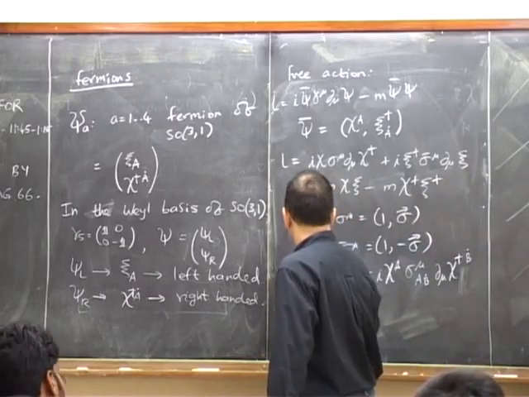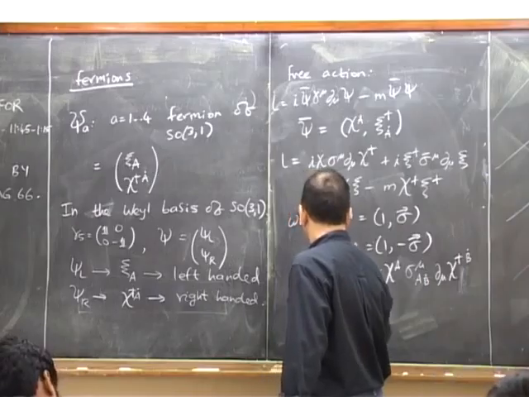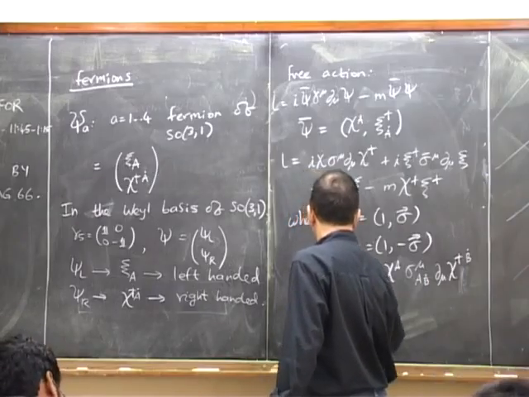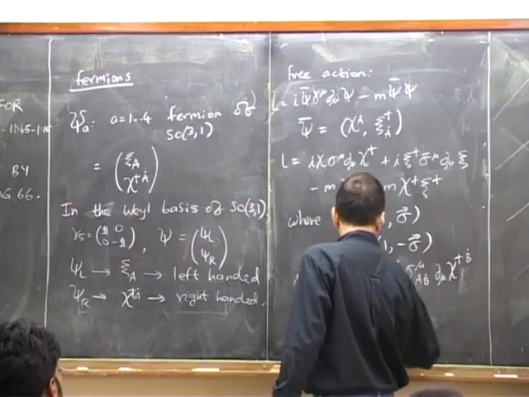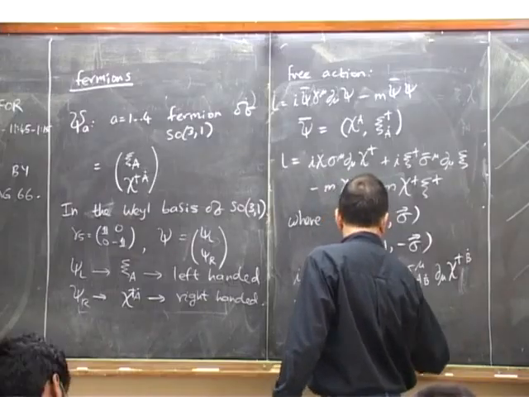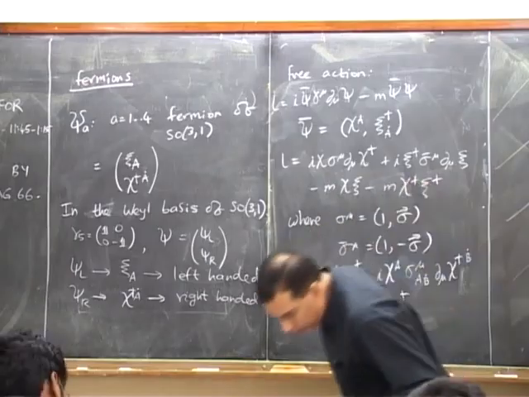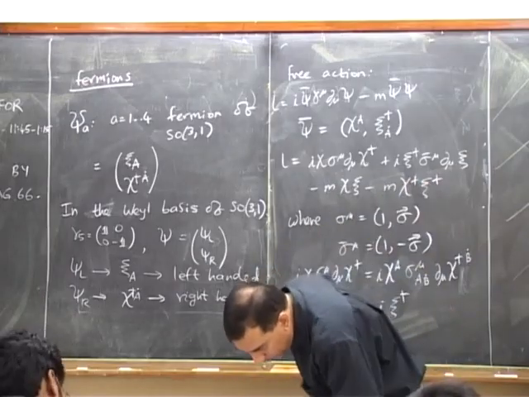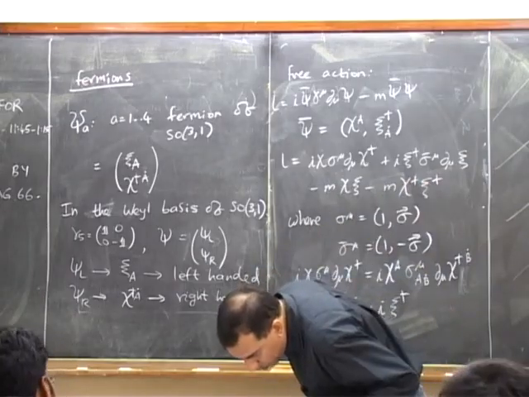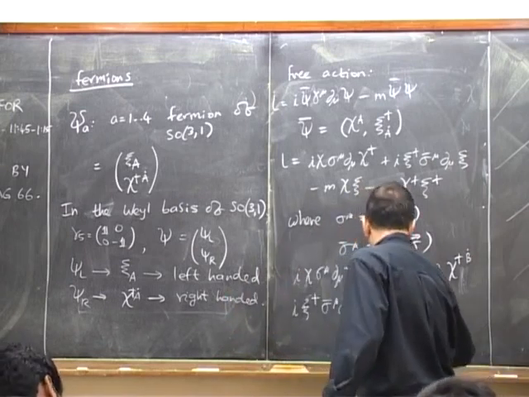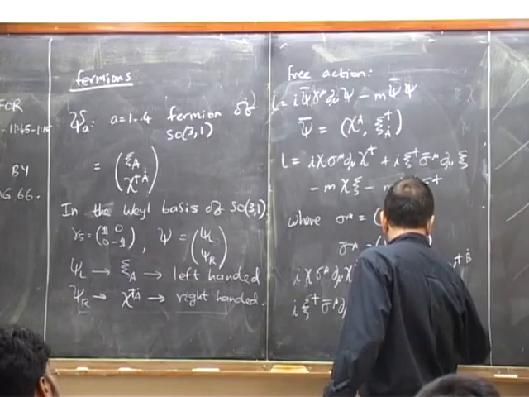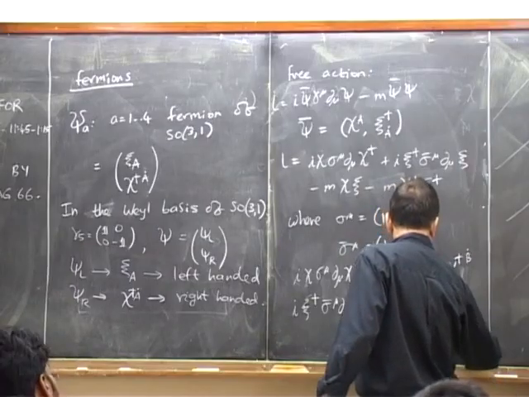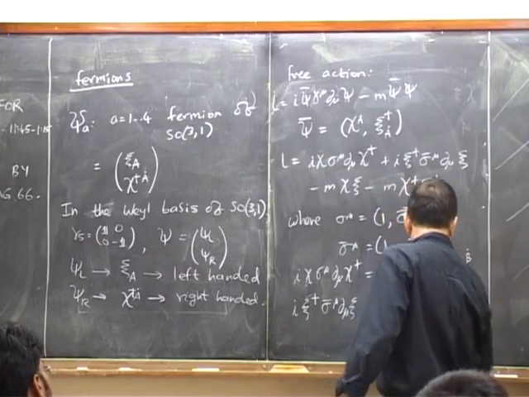The other term, i psi dagger sigma bar^mu del_mu psi, is i psi dagger, now we put the index down, A dot, sigma bar^mu A dot B, del_mu psi^B.